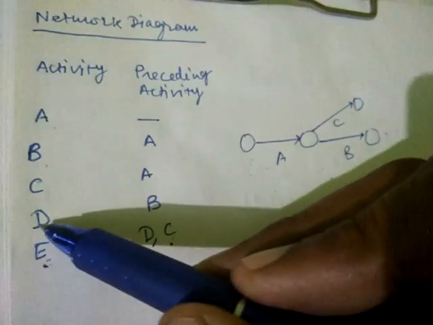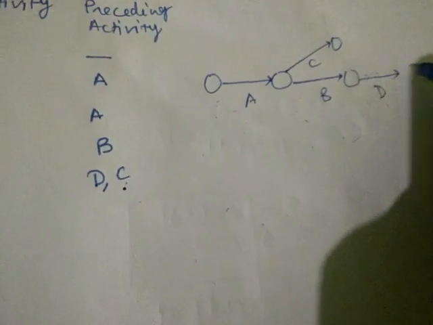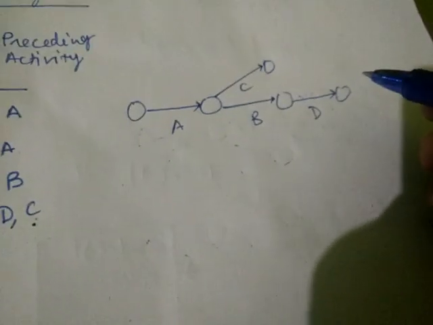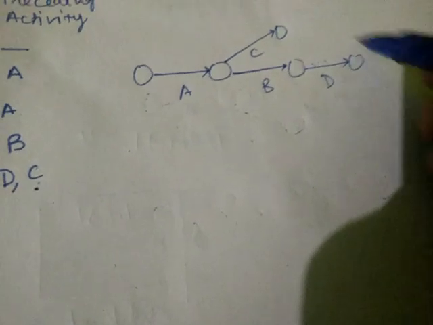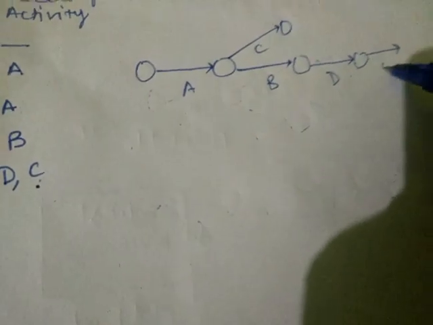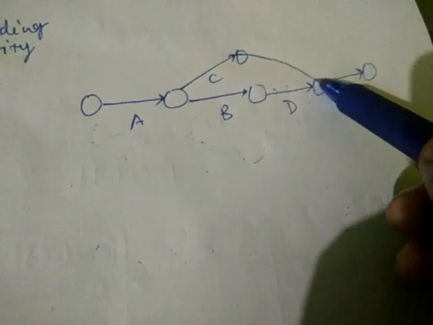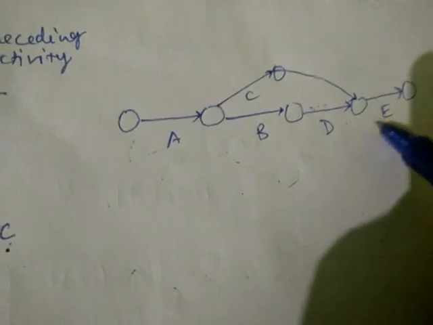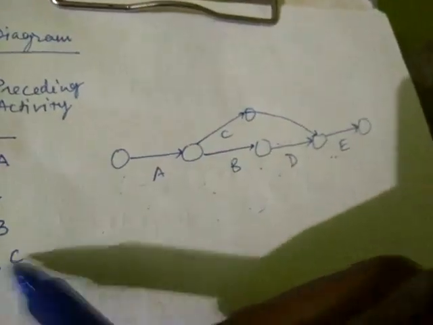Then D. D is after B. Then E. E is after D and C. Now C, if C had been here, so now you can see that before E there is D and C. This is given in the question.